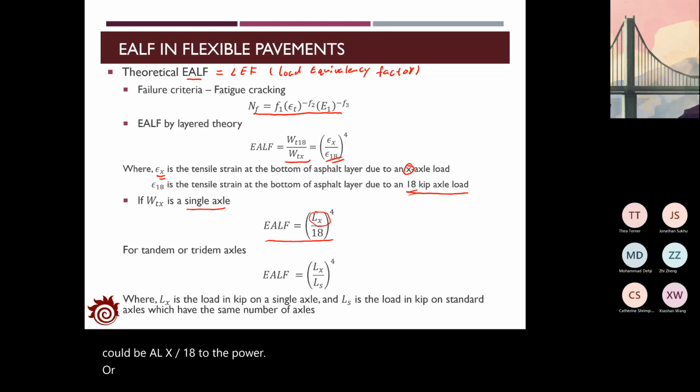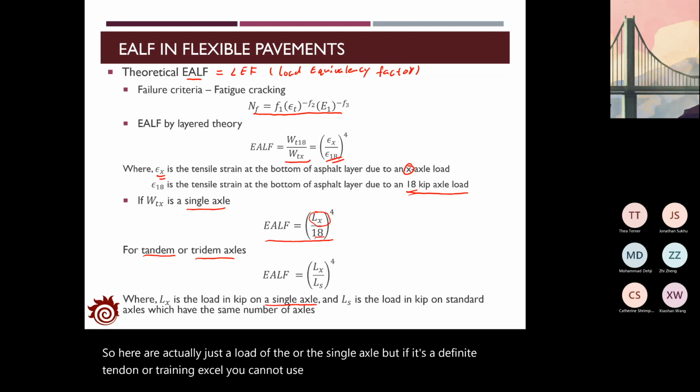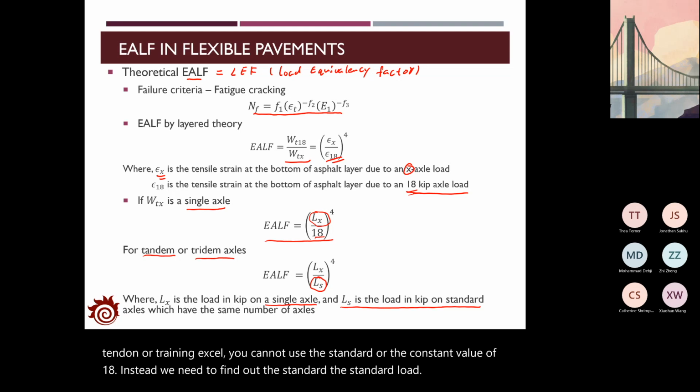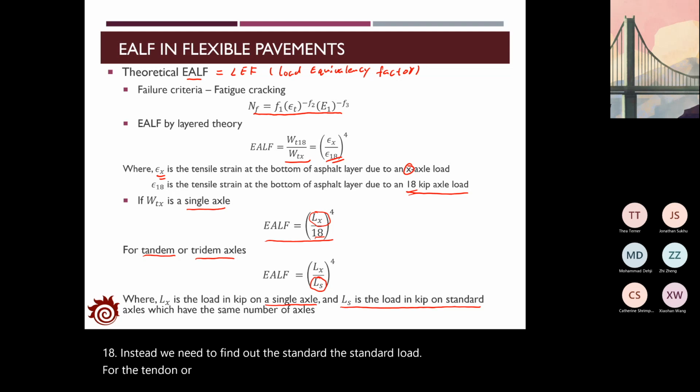Here, Lx is just the load of the single axle. But if it's a tandem or tridem axle, you cannot use the constant value of 18. Instead, you need to find the standard load for the tandem or tridem axles. So this is the theoretical estimation of the load factor.